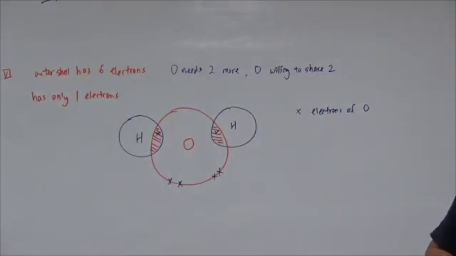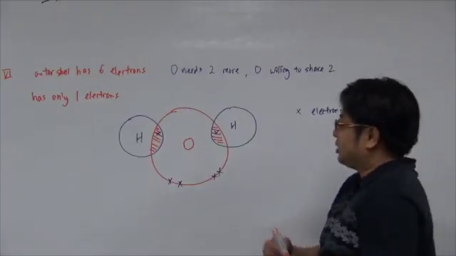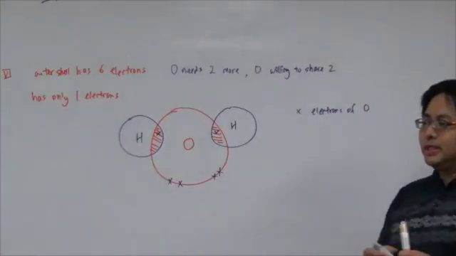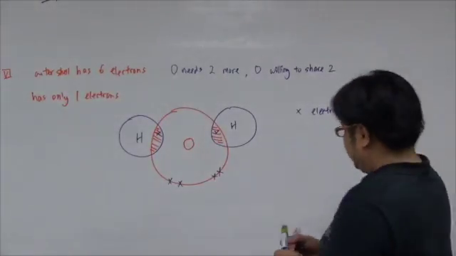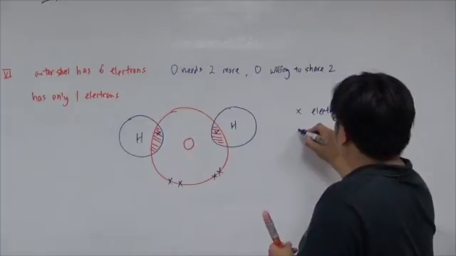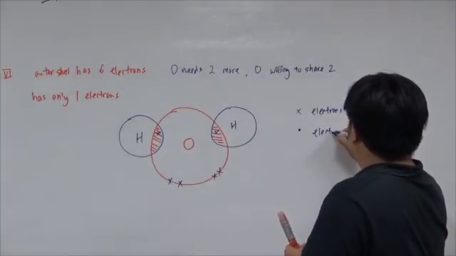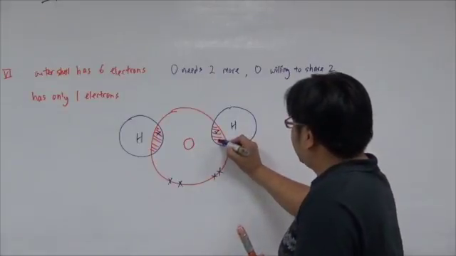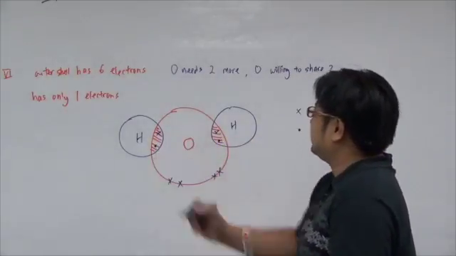Was it okay? Then how about hydrogen? Hydrogen has only 1 electron, so it's willing to share 1 only, correct? So let's say that now the dot is the electrons of hydrogen. So therefore, in the sharing zones, you will see this.